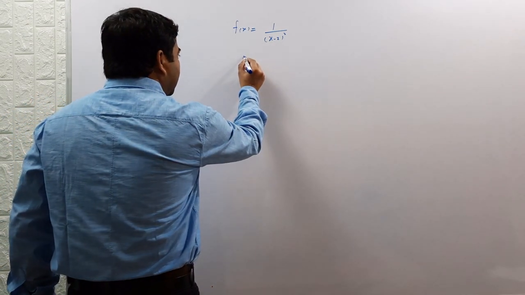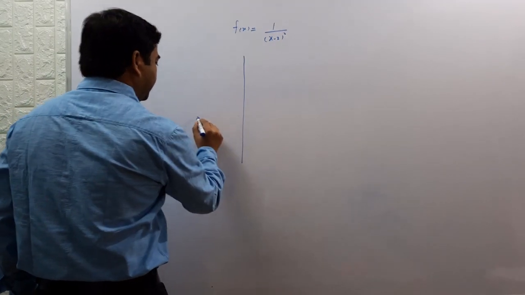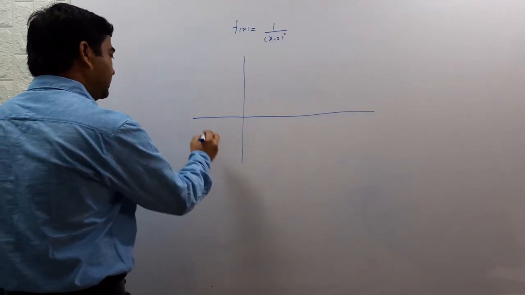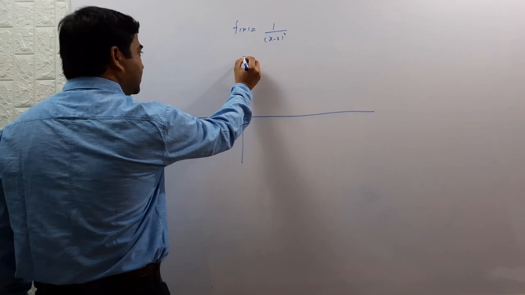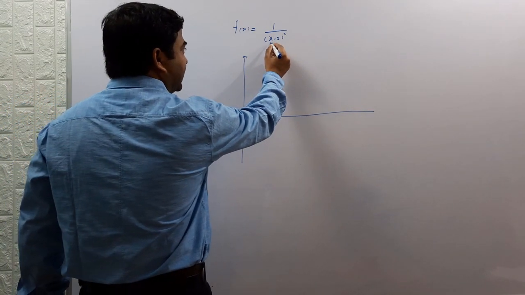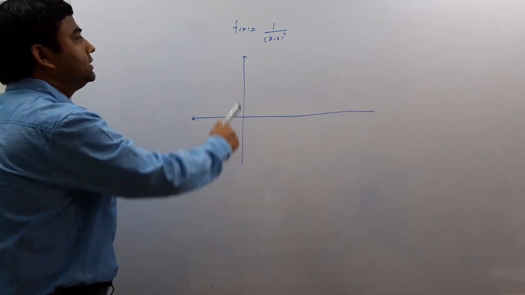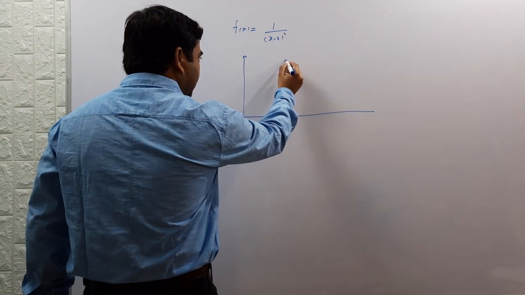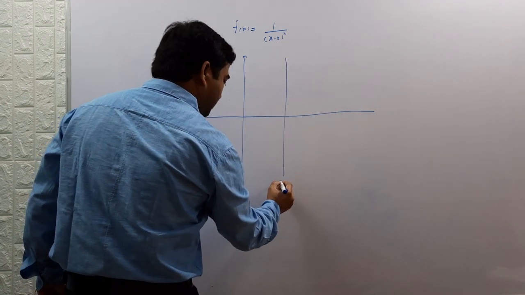So let us draw this function. The x-axis, the y-axis. We know that for x equal to 2, this function is undefined. So let us draw a line, x is equal to 2.